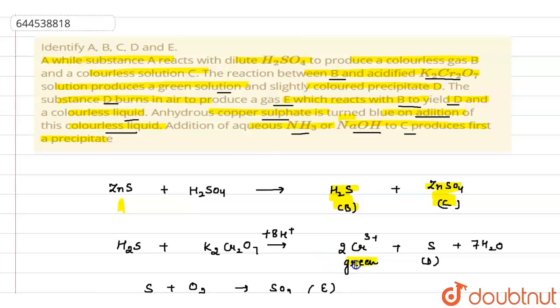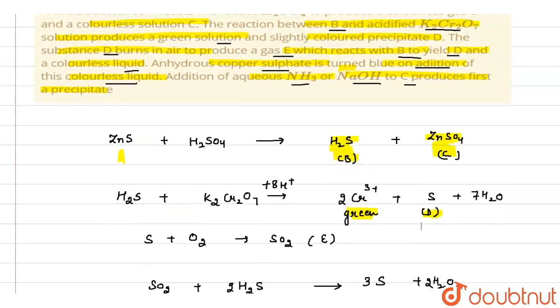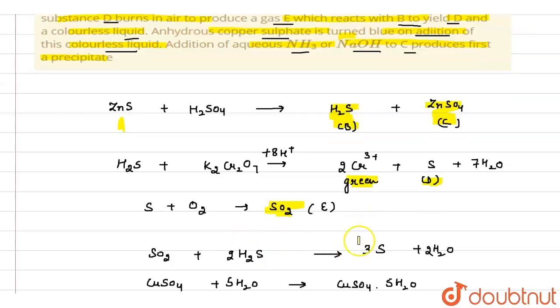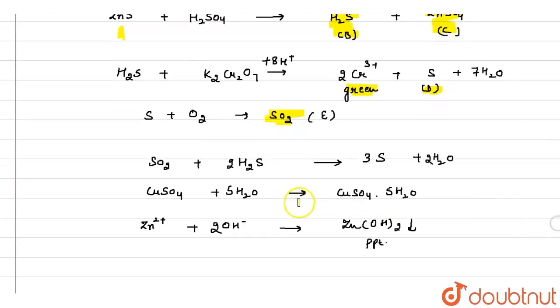This is the green solution, and a colored precipitate D is formed. After that, the substance D burns in air and formation of SO2 takes place, and further this reaction proceeds, and at last the zinc hydroxide precipitate is formed.